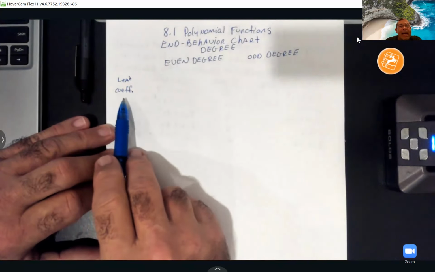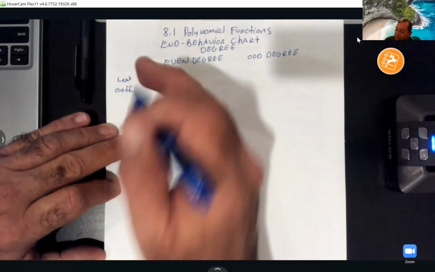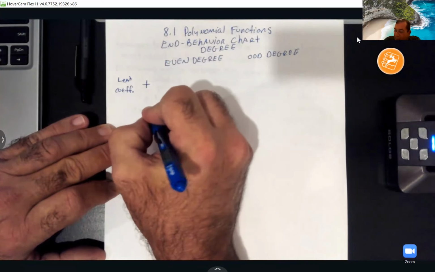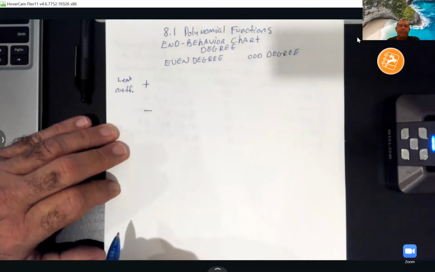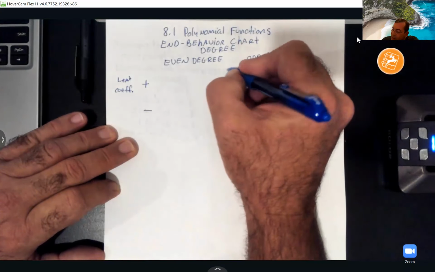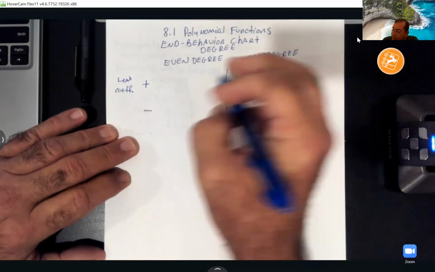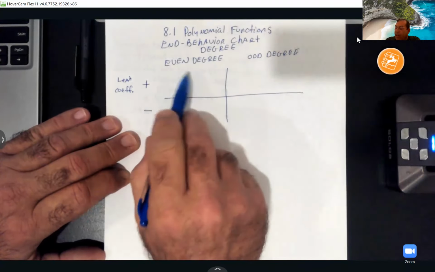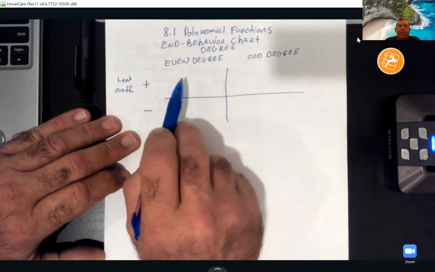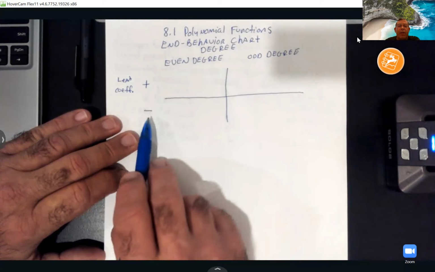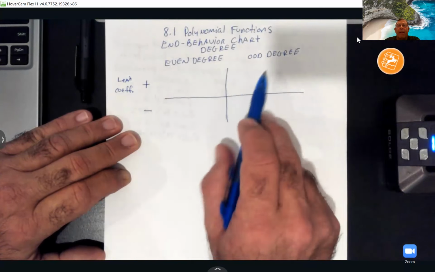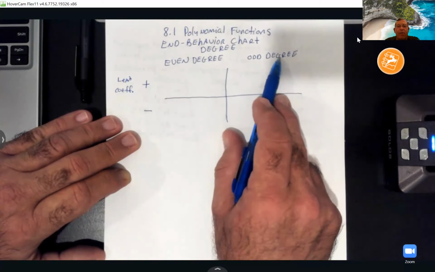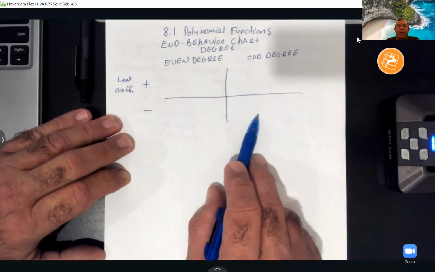And we're only looking at the sign of the lead coefficient. But the lead coefficient can be either positive or negative. So y'all, that's going to separate us into 4 categories on here. I'll have an even degree, positive lead coefficient. I'll have an even degree, negative lead coefficient. Then I'll have an odd degree, positive lead coefficient, odd degree, negative lead coefficient.